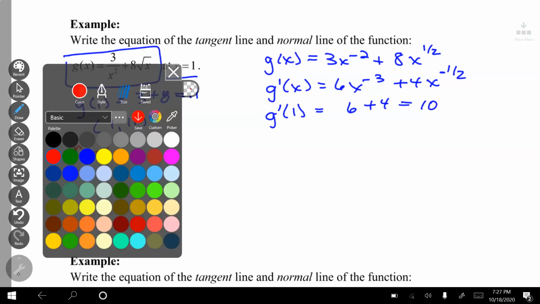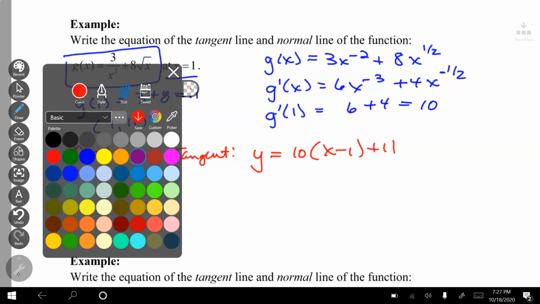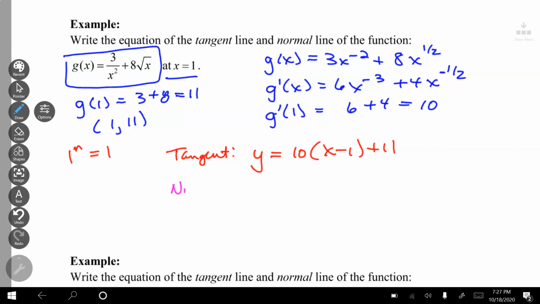So when I write my tangent line, y equals 10(x minus 1) plus 11, and my normal line, y equals negative 1/10 (x minus 1) plus 11. Okay. Once you figure out, this is why we do derivatives. It helps us find slope.